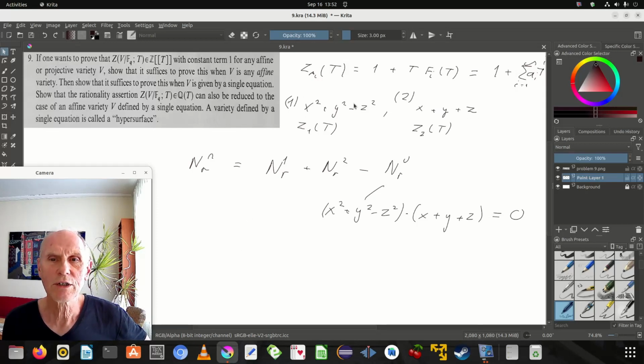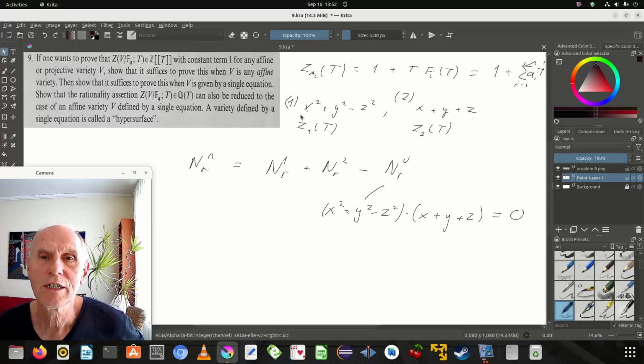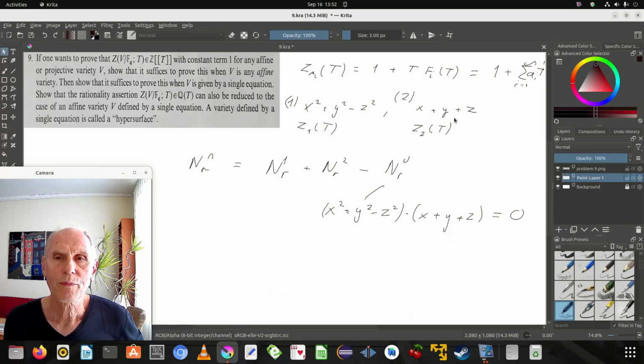Say if we have this as a complex projective variety, a 3D one, then we first take the affine x squared plus y squared equals unity, and x plus y equals minus 1.